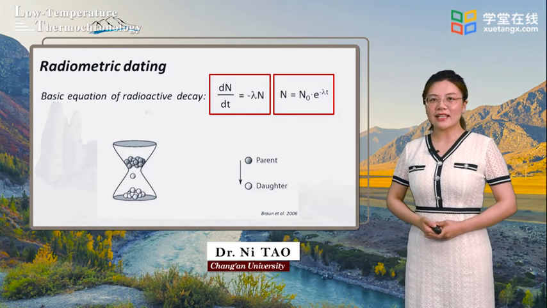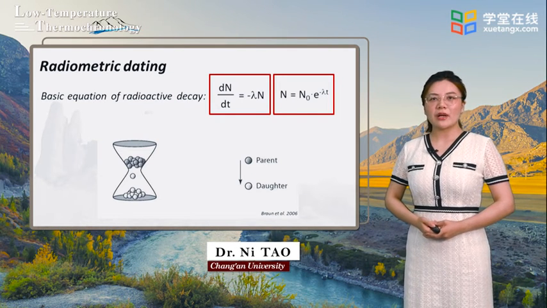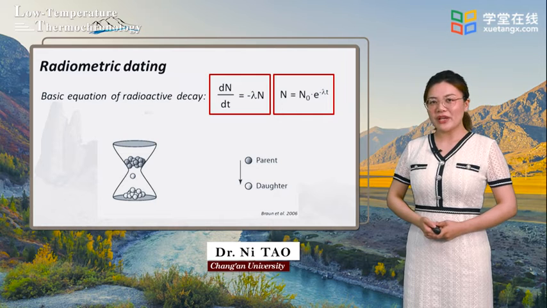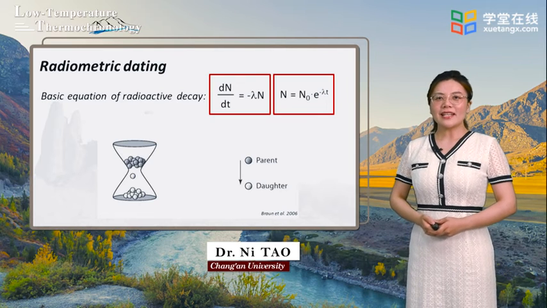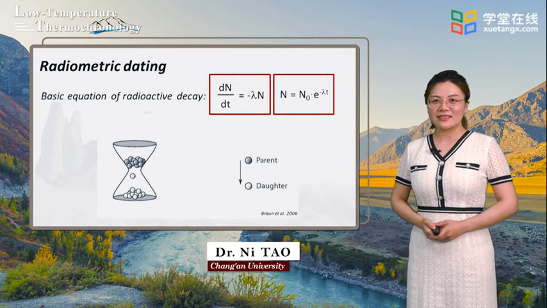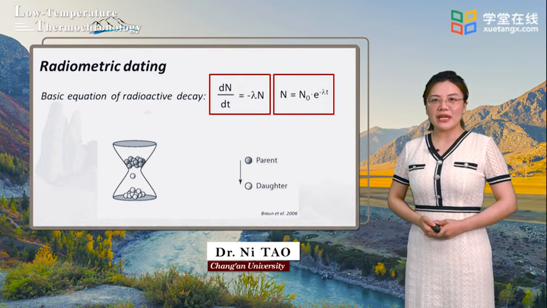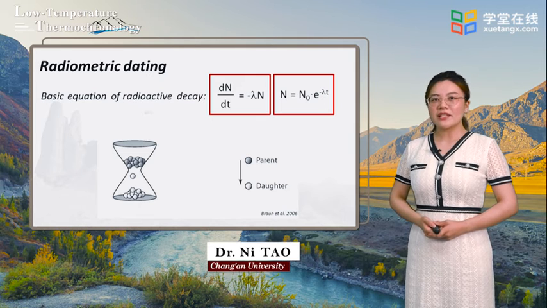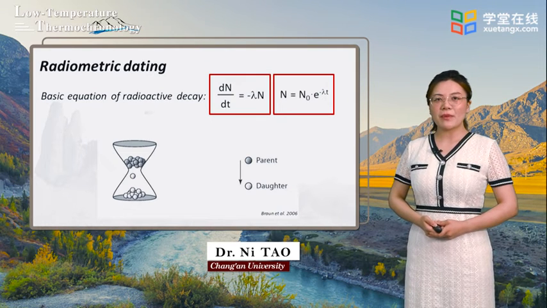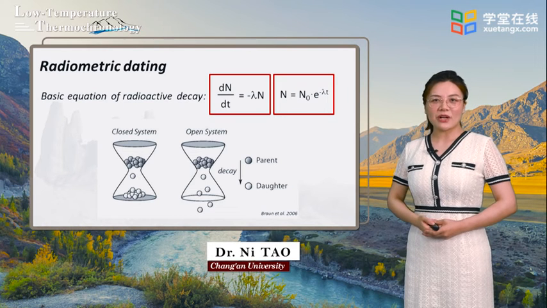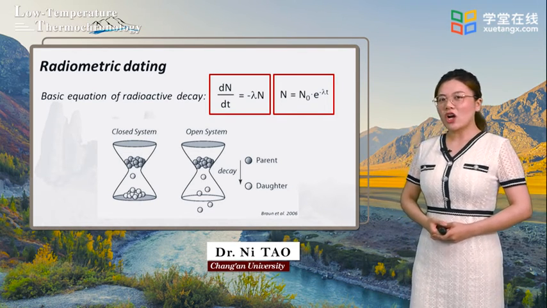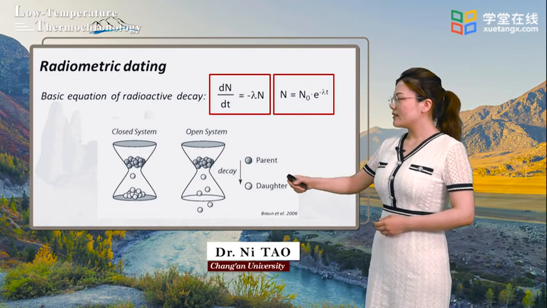Daughter products are continuously produced within a mineral as a result of radioactive decay, but may be lost due to thermally activated diffusion. It is therefore important to notice that the relationship expressed by this equation is valid only if the radiometric system is a closed system, where all daughter products are retained as is shown in this cartoon. If not, it is called an open system instead.